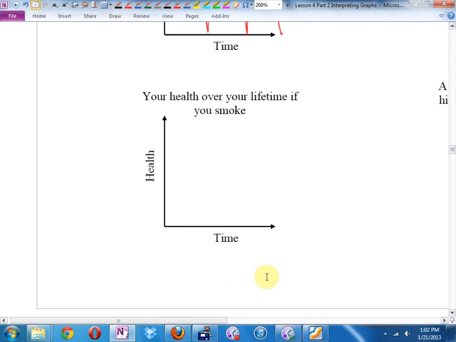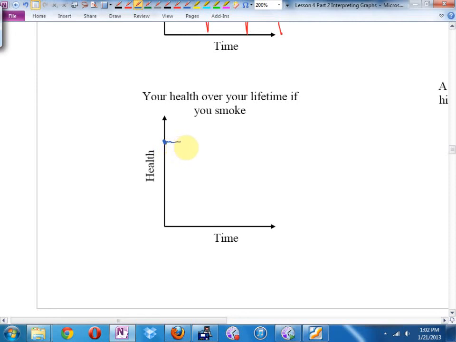A little preachy, but still this works. Your health over your lifetime if you smoke. Well, you're born fairly healthy. And let's assume you don't start smoking when you're 5. Let's assume, can you put it please in the proper block?